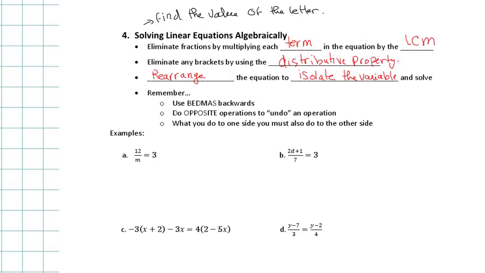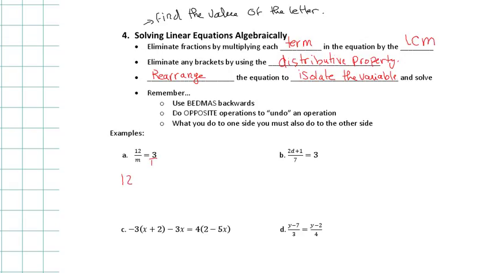When you have 12 over m equals 3 over 1, what do you want to do? Cross multiply, right? You want to cross multiply because you don't want that m at the bottom. By cross multiplying, I'm doing 12 times 1 and 3 times m, correct? So that's going to be 12 equals 3m.